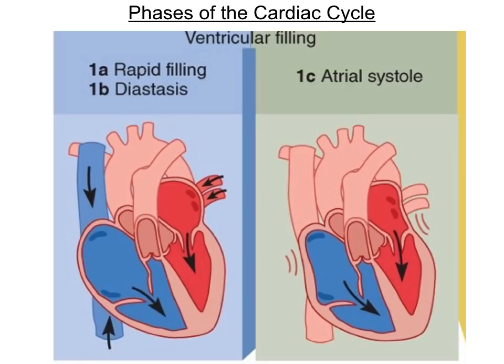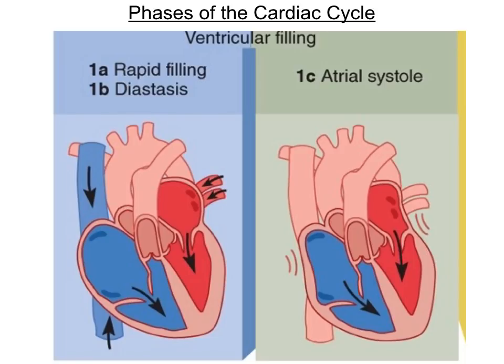Your atria have really high pressure at this point because they have filled with such large volumes of blood from the two venae cavae and the pulmonary veins. So because the atria are really high and your ventricles are really low, blood moves from high to low very quickly.